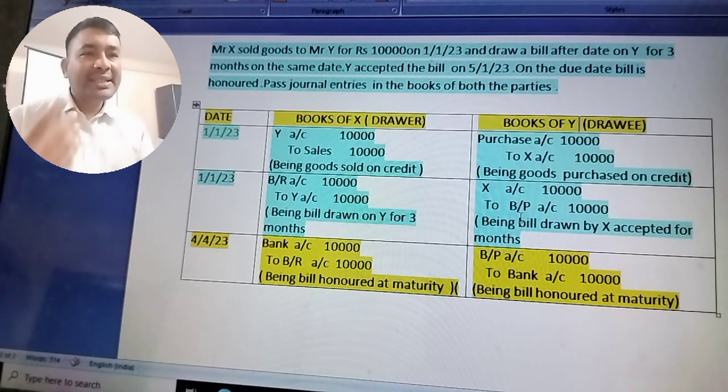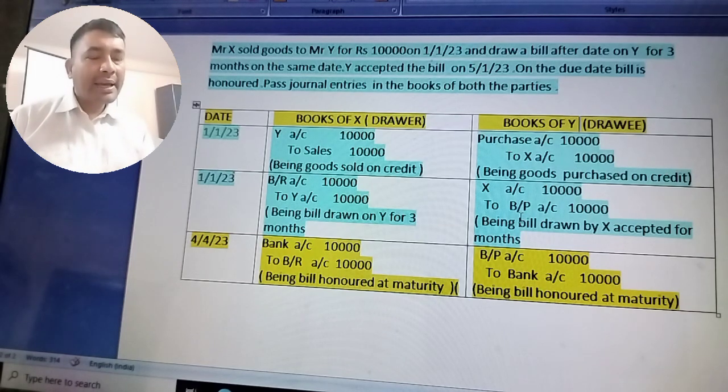The second entry is on the same date, the bill is drawn on Y. So when the bill is drawn, X will draw the bill and send it to Y, who will sign it and again hand it over to X. So X is receiving the bill from Y. What will X do?